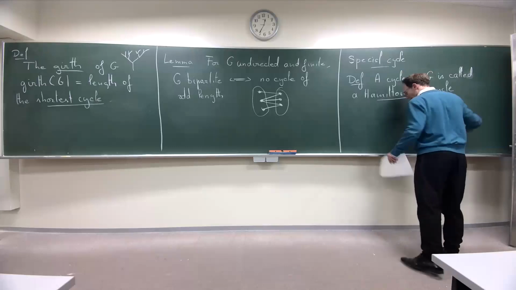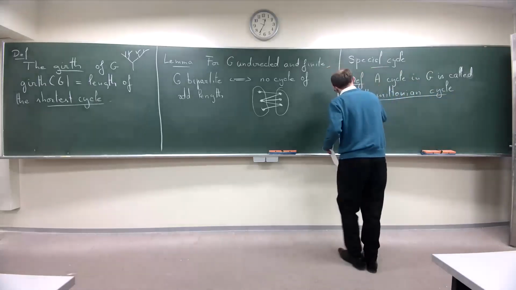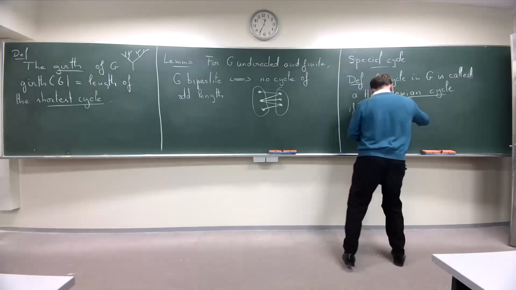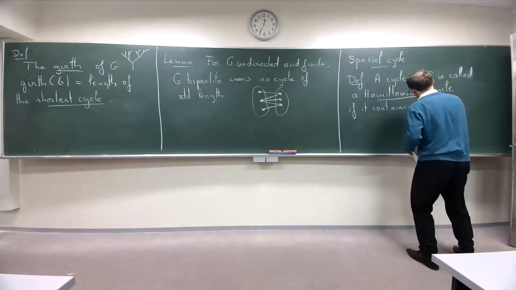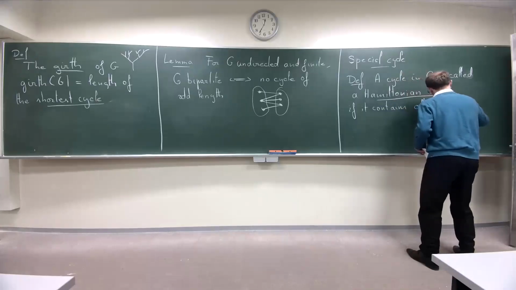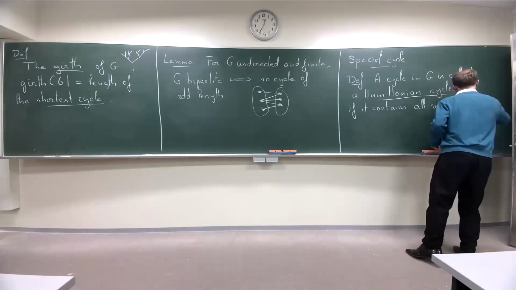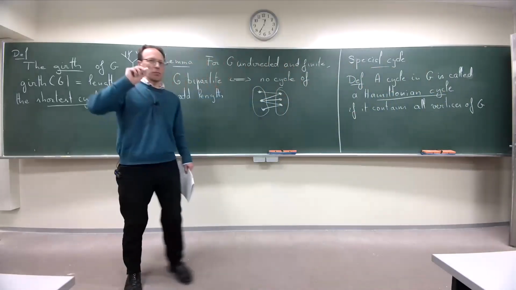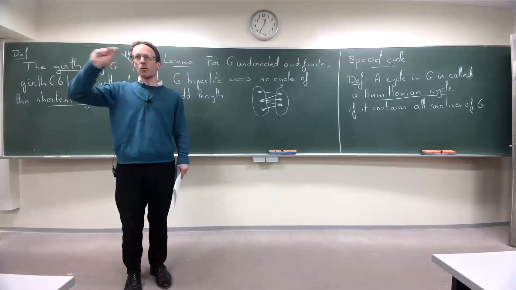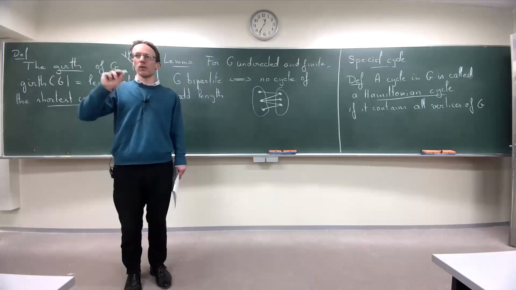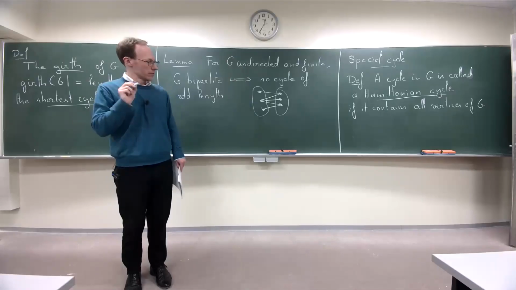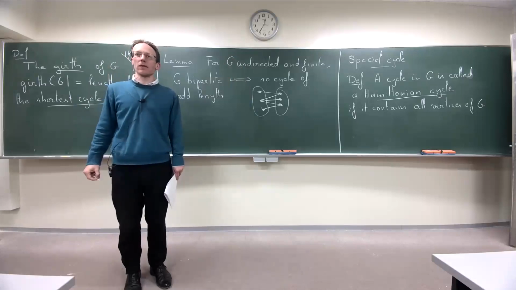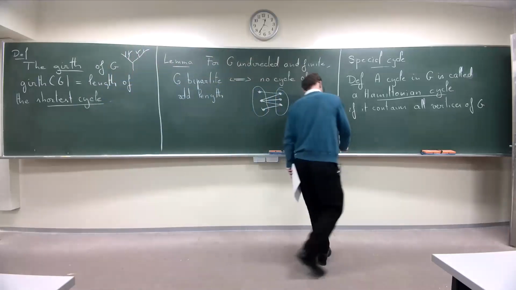It's called a Hamiltonian cycle if it contains all vertices. So yeah, remember it's a path, so you are not supposed to go 2 times through the same edge and 2 times through the same vertex. But if it contains all vertices, it's called a Hamiltonian cycle.